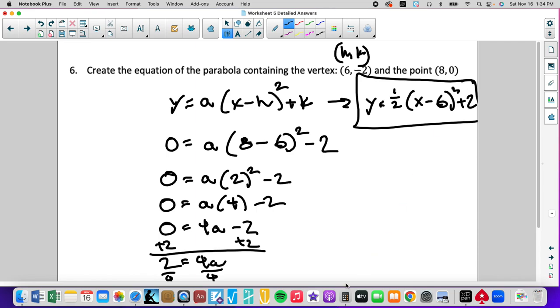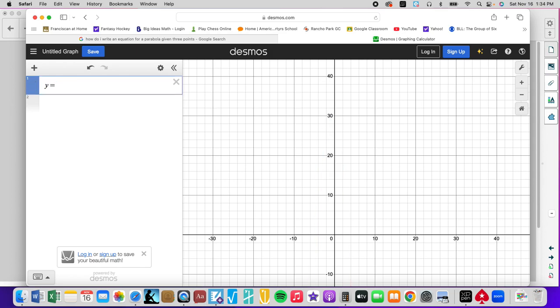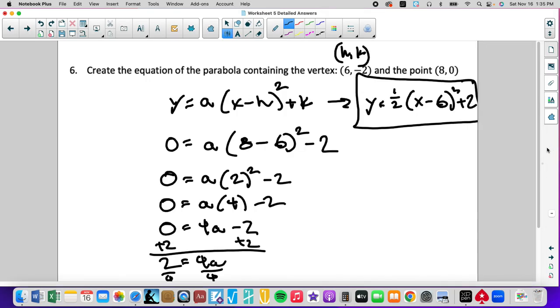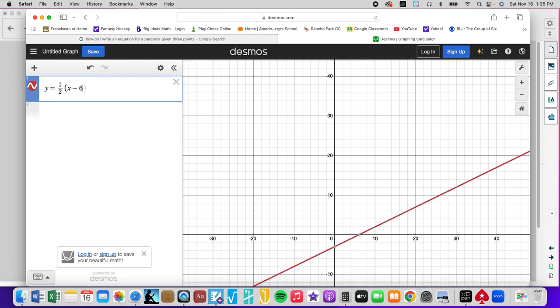Before we check the answers, let's just check in Desmos. So y equals 1/2 times x minus 6 quantity squared plus 2.